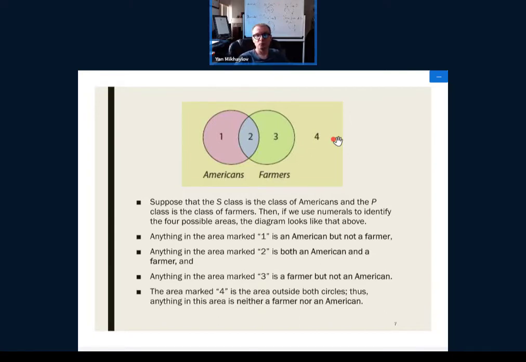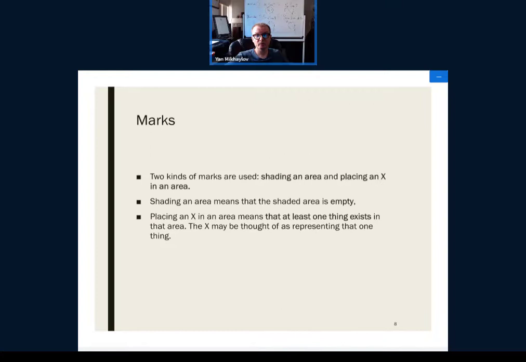All these people would be in 4 because they are neither Americans nor farmers. And note that this is actually the largest group. But for our purposes, of course, if we have 2 classes, we'll be just dealing with these 2 classes rather than with whatever is outside of it. But you have to keep in mind that there could be something outside of them too. In most cases there is, of course.